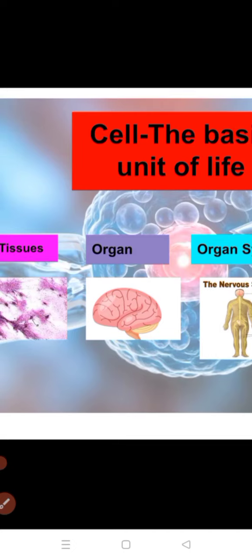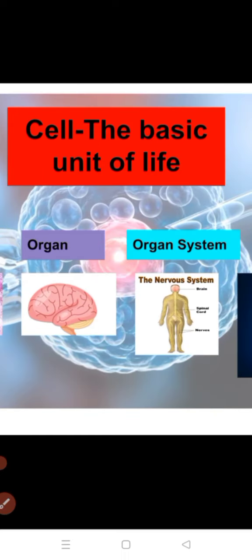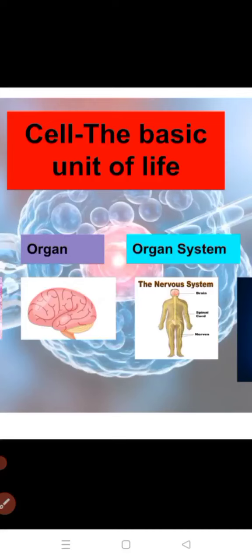Many organs come together to perform a certain function. For example, to make a nervous system, many organs will be involved. Brain, spinal cord, nerves, all these things will come together and perform a certain function, that will be a nervous system, and many such systems will make our body.